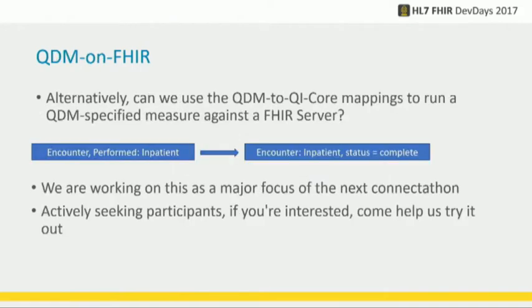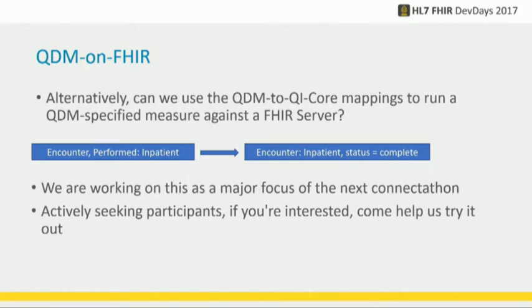And then the other way is the other direction. Alternatively, can we use the QDM to QI-Core mappings to actually run a measure against a FHIR server? Then in the CQL, we would see encounter performed in the inpatient, and what we would do underneath is turn that into a FHIR query to say, give us encounters in the inpatient value set where the status is complete.